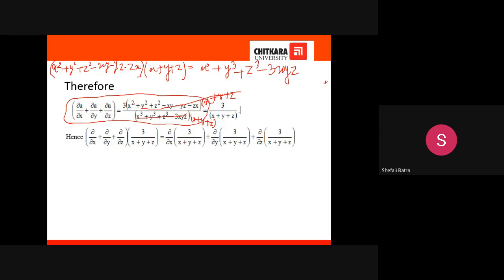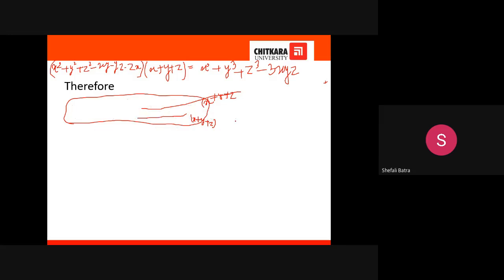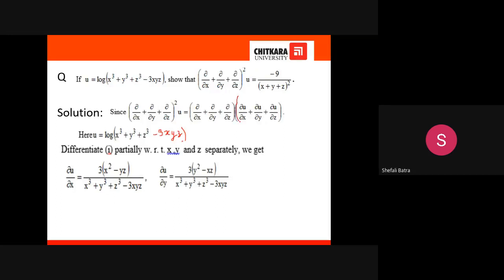So this complete numerator will be cancelled out with this, and what is left? 3 upon x plus y plus z. Now you have evaluated this. Now at the place of this factor, you will be writing 3 upon x plus y plus z.